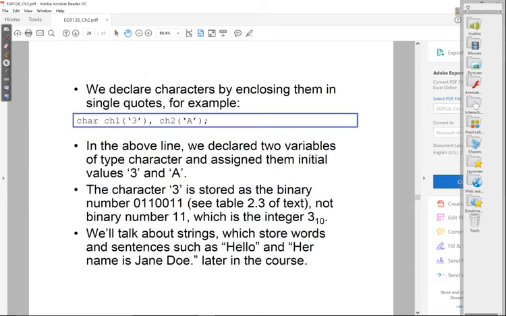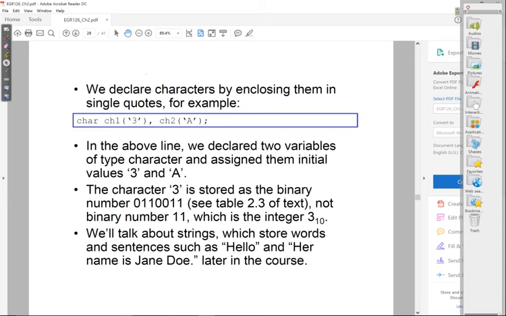So when you declare character ch1 and you want to set it equal to 3, you put 3 in single quotes, because you're not referring to the number 3, you're referring to the symbol 3. Make sure you understand the difference. The number 3 is something that you could do math with. The character 3 is just a symbol.